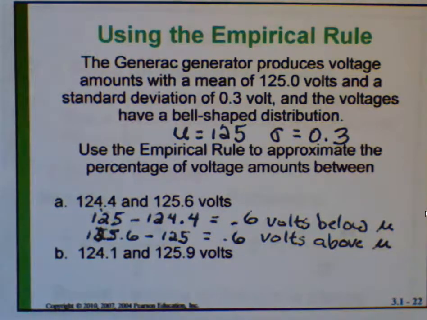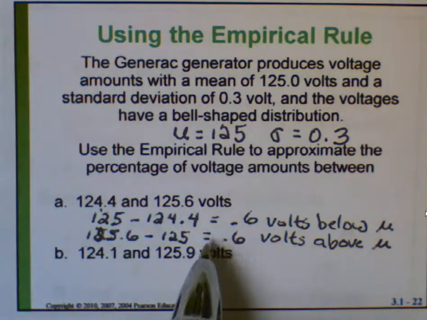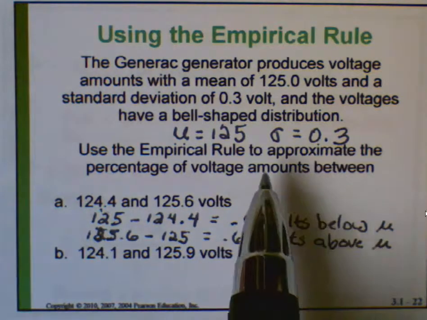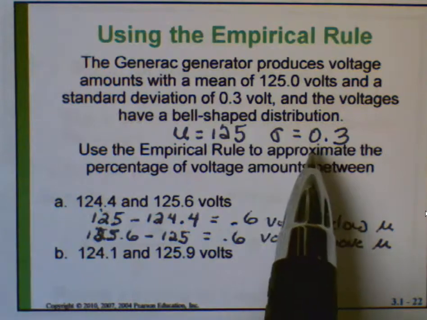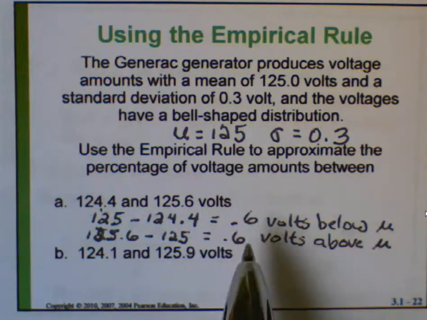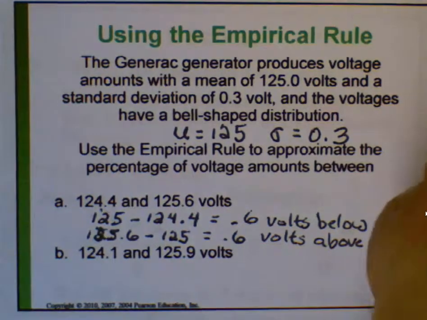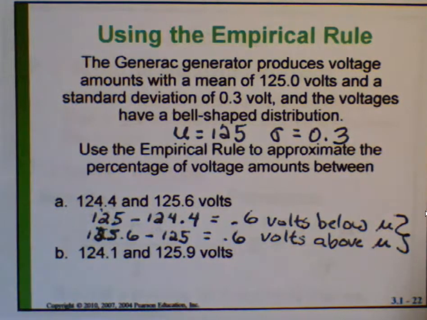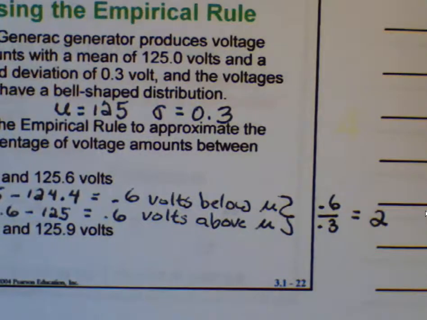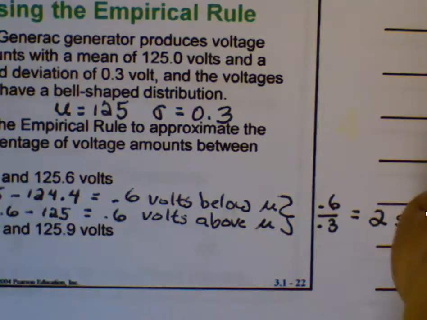How many standard deviations is 0.6 volts? If one standard deviation is 0.3, then how many 0.3s go into 0.6? 0.6 divided by 0.3 is 2. That's 2 standard deviations from the mean.